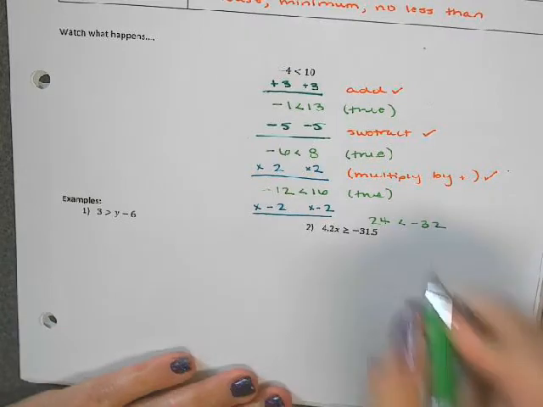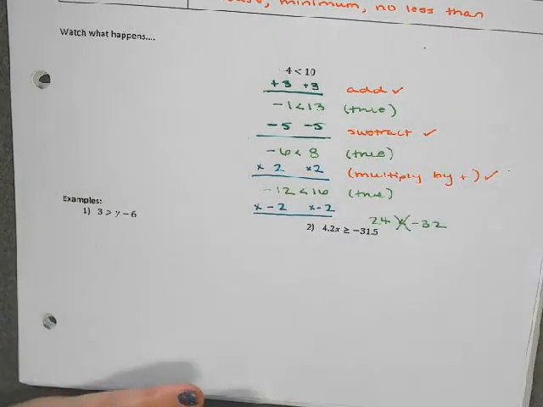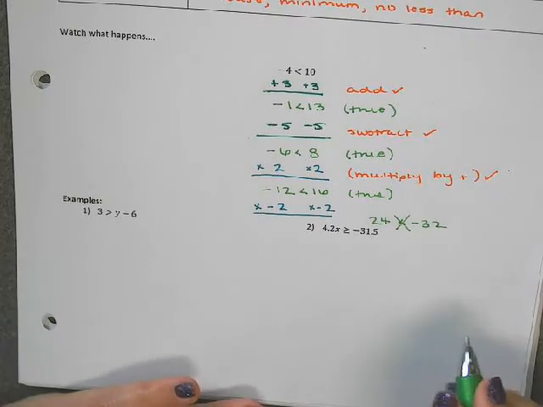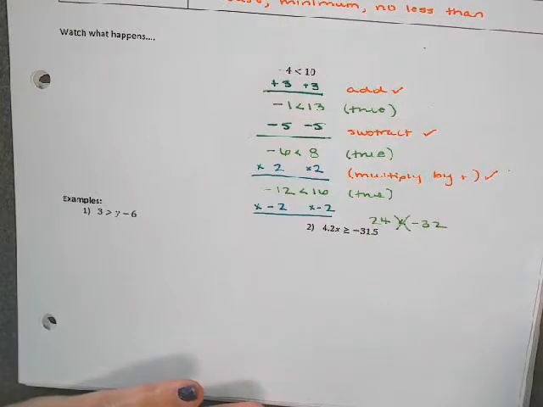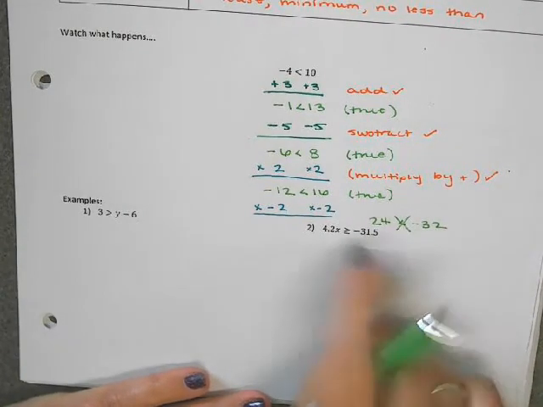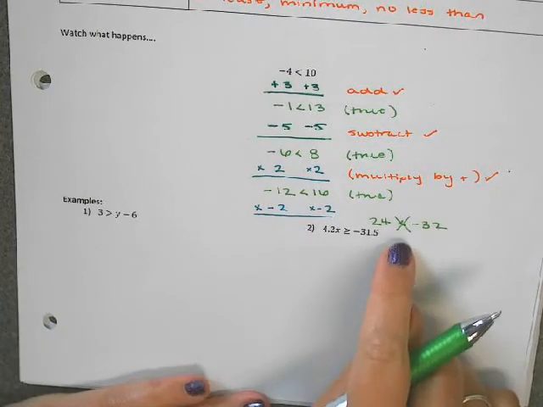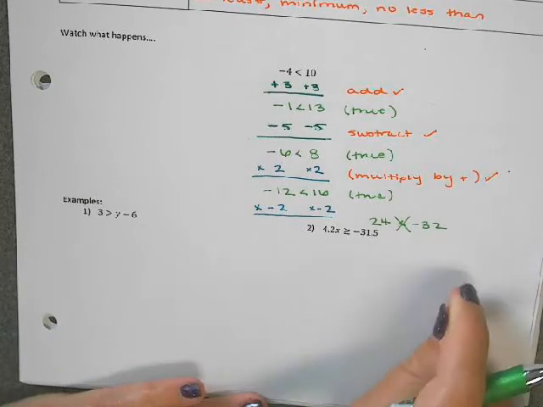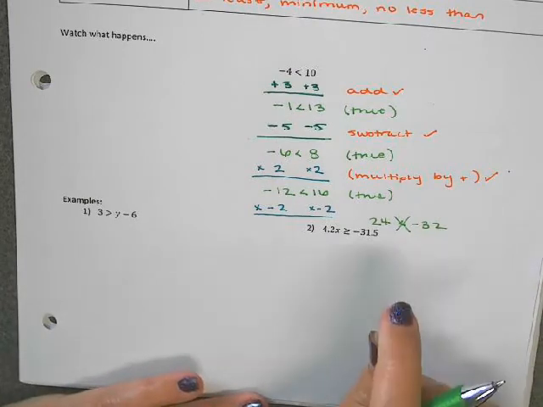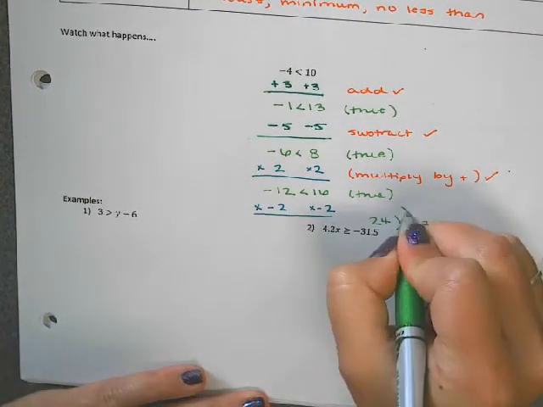No. So how can I make it true? What do I have to do in order to make that statement true? When I multiply, those are the numbers I get. So I have to change the sign to make that statement true, because 24 is not less than negative 32. So what happens to the sign? It switches to the greater than symbol.